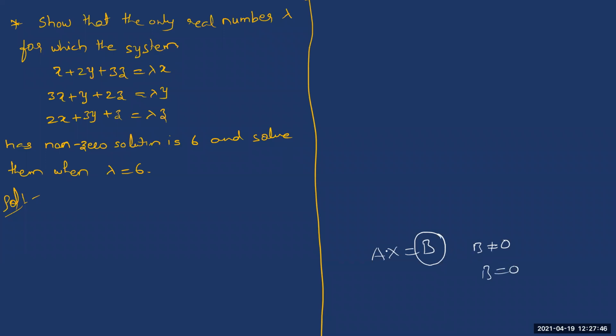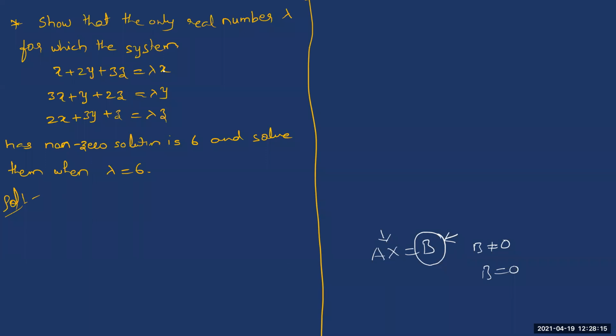But remember, when you write this in matrix form, matrix B should consist only of constants, not the unknowns. When all the constants are 0, it is homogeneous. When you have at least one constant not equal to 0, it is non-homogeneous.